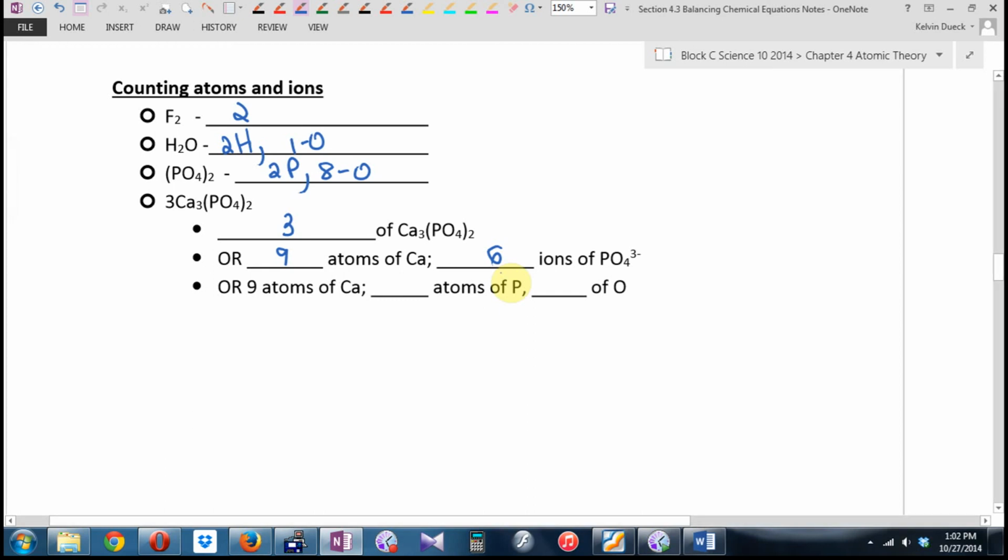Or you could break it down even further: 9 atoms of Ca, and then 6 atoms of phosphorus, not potassium, and how many atoms of oxygen grand total? Well, I got 8 right here, times 3 in front. Which is the correct way? You're going to flip-flop because sometimes the middle way will be easier, sometimes the bottom way will be easier.